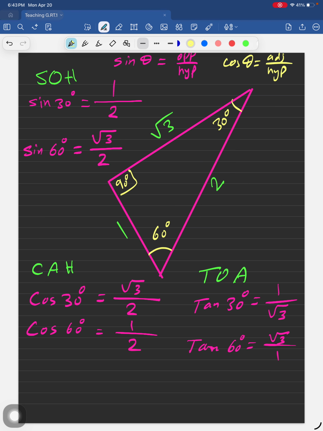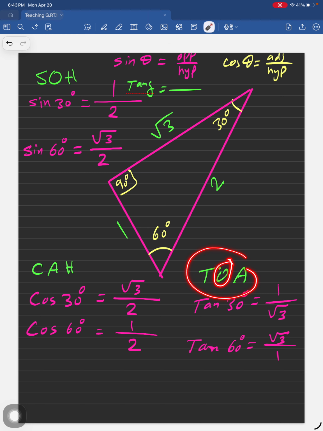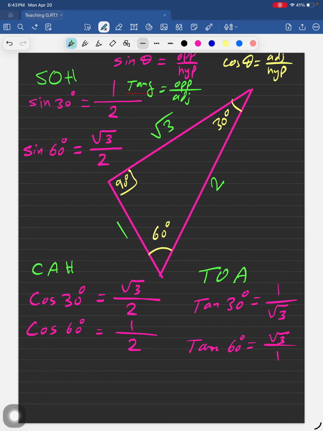And finally, the tangent is opposite divided by adjacent. So we can write it down as follows, opposite divided by adjacent.